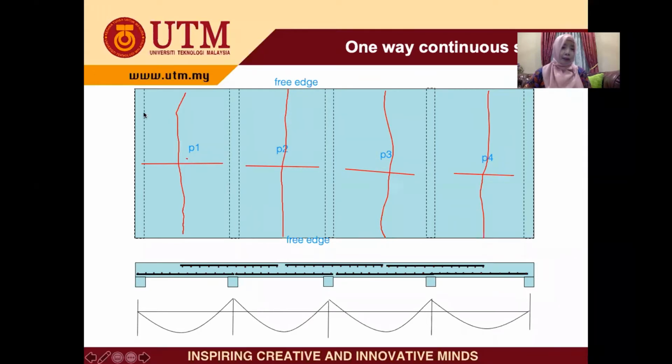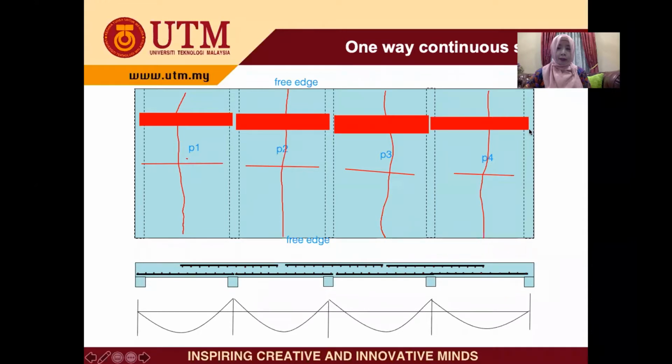You must take this as 1 meter width, 1 meter width in this direction, 1 meter width here, and 1 meter width. Okay, now we have 1 meter from this support to this support, 1 meter from this support to the next support, and so on.